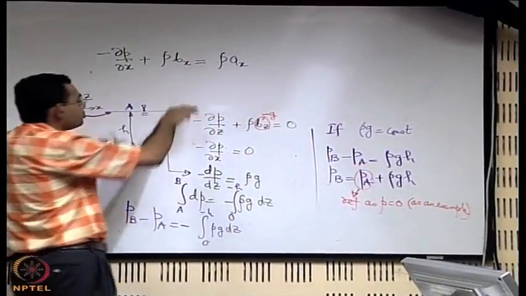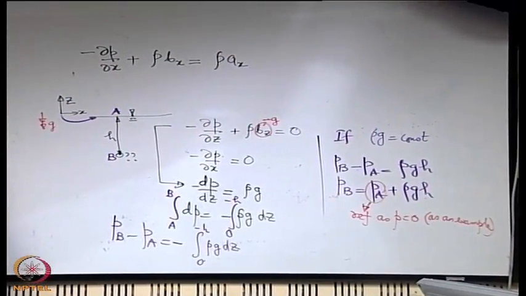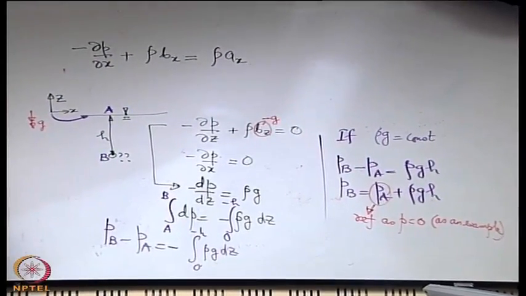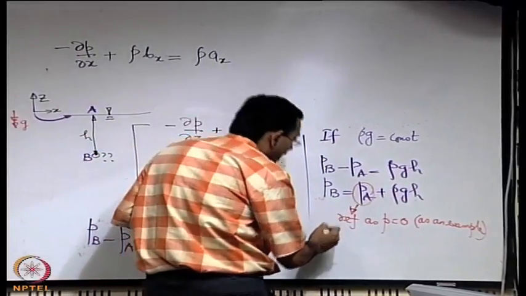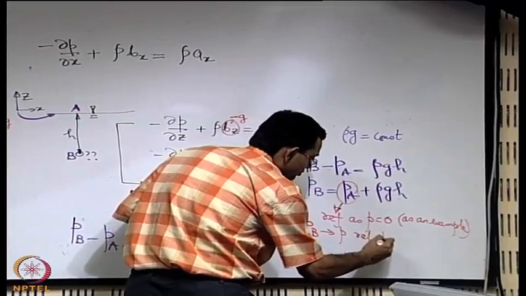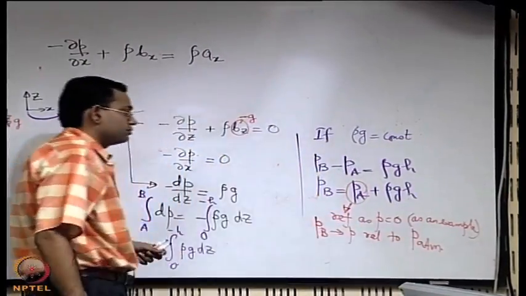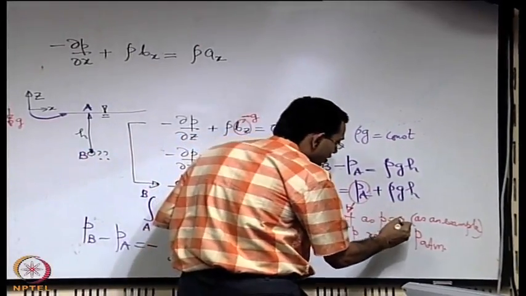whatever is the atmospheric pressure, say we call it 0, that means any other pressure we are expressing relative to the atmospheric pressure. So then in that case Pb is the pressure relative to P atmosphere, if P equal to 0 is the atmosphere.